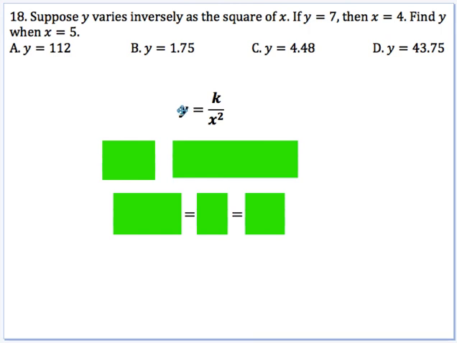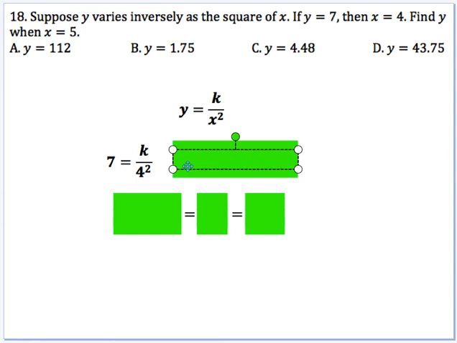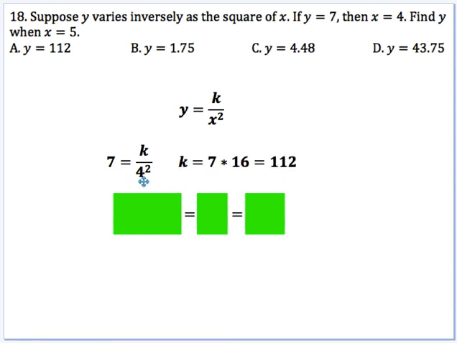So, first we need to figure out how to set up the equation. So it varies inversely, so I'm dividing, and the square of x, so I'm dividing by x squared. Solve for k, plug your y and your x value in that they give you here, and you're going to multiply both sides by 4 squared, or multiply by 16, and we find out that k equals 112.